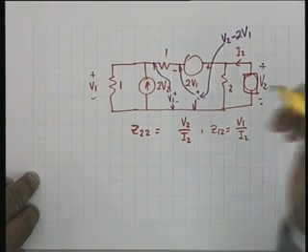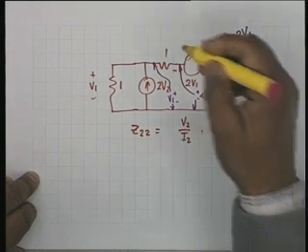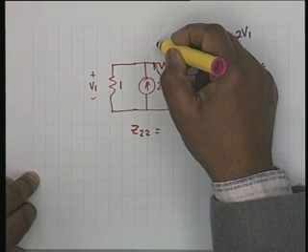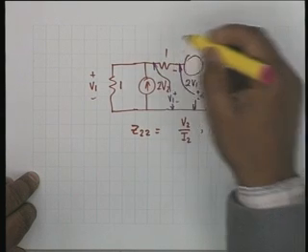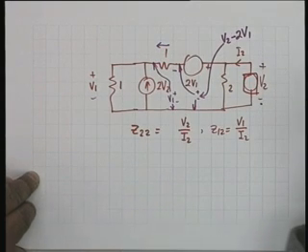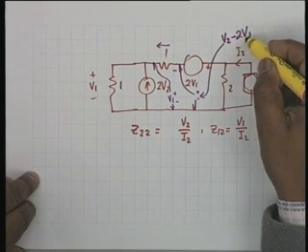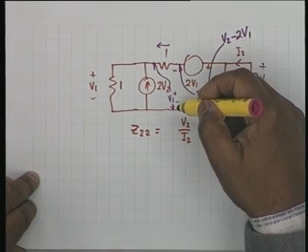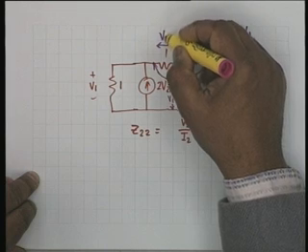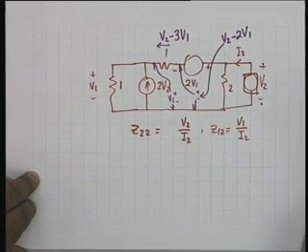Therefore, this current, let us take it in this direction, would be V2 minus 2V1 minus V1, that means it would be V2 minus 3V1.